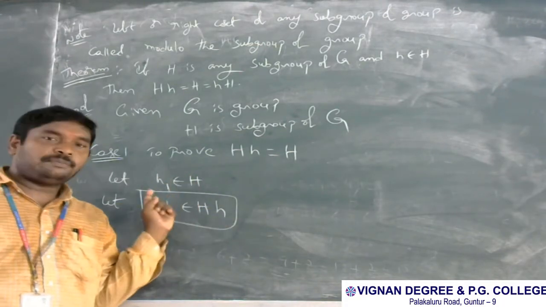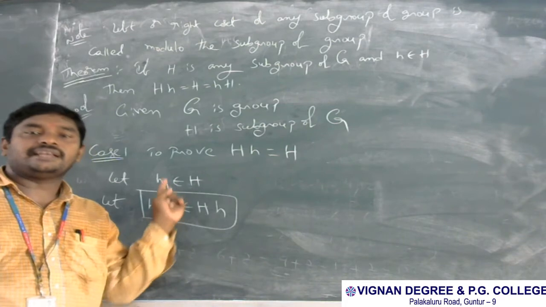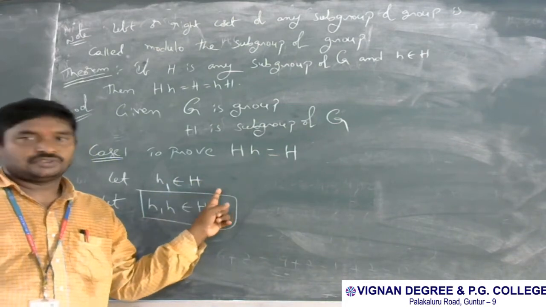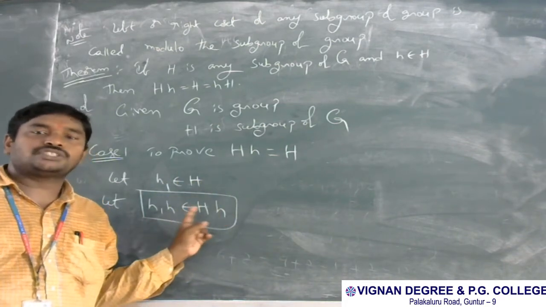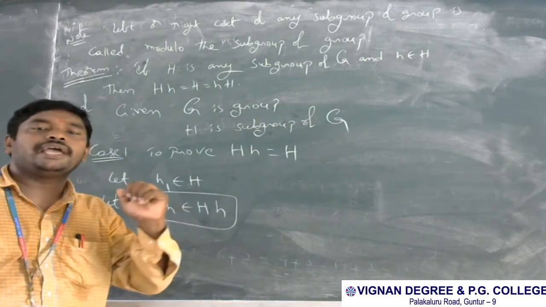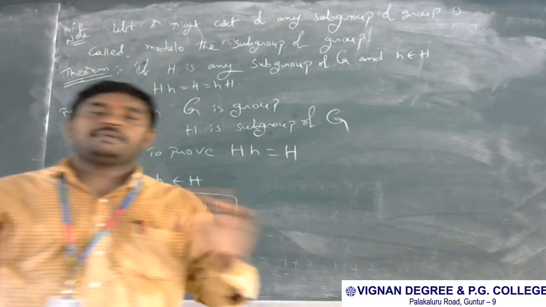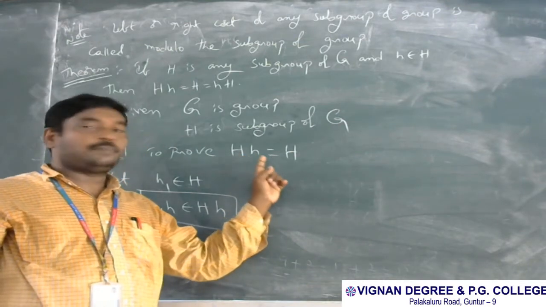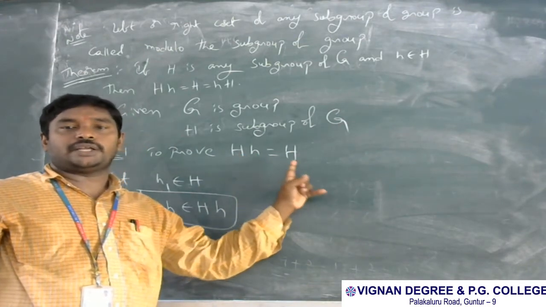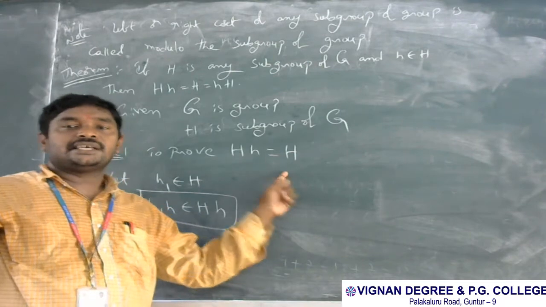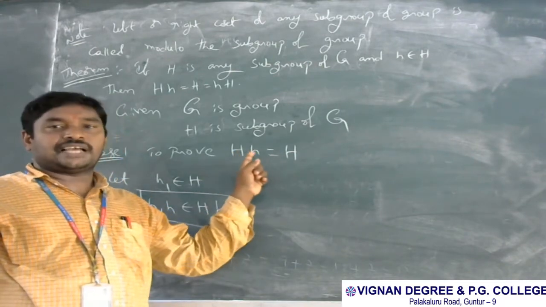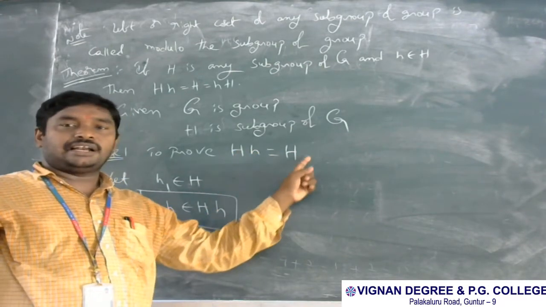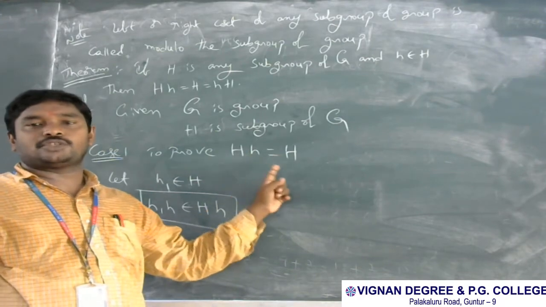First, I am taking an element in capital H. Next, multiply both sides by small h. Why we multiply? Because I already said what you have to prove. Capital H into small h is equal to capital H means capital H into small h containing capital H and capital H containing capital H into small h.